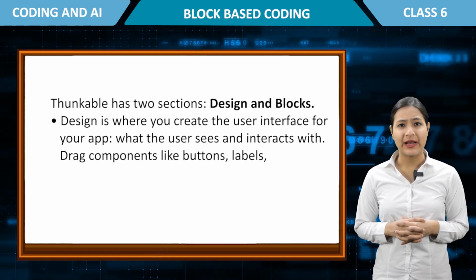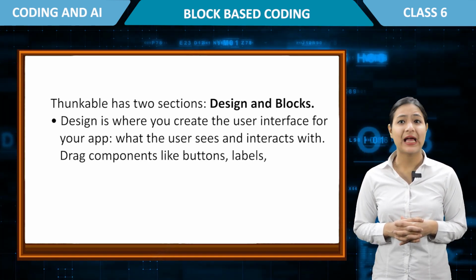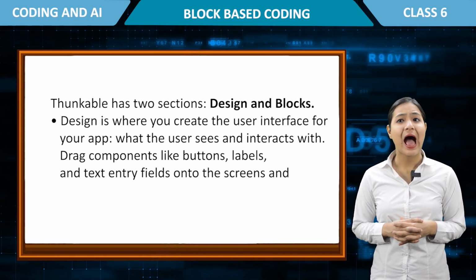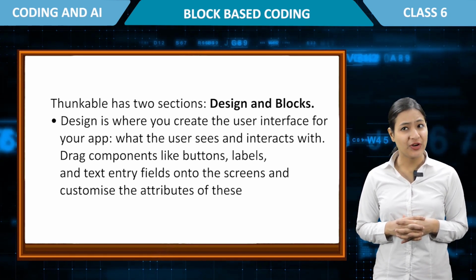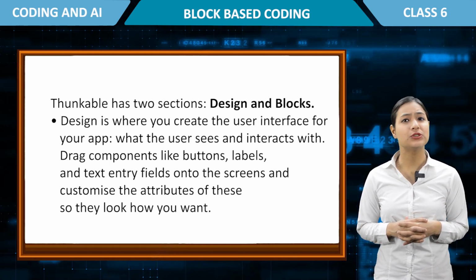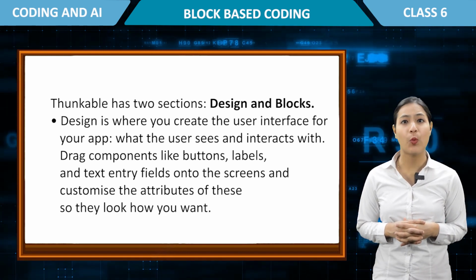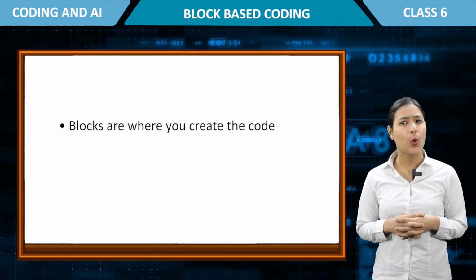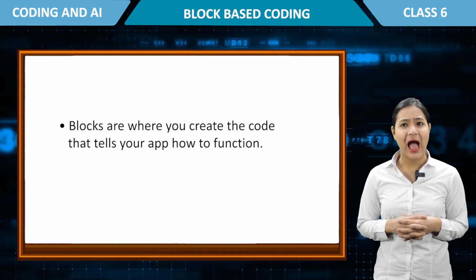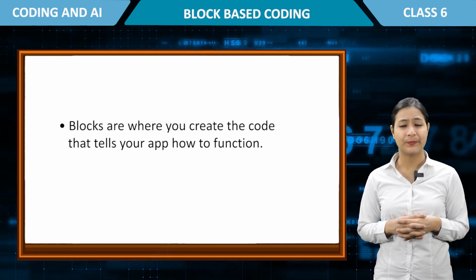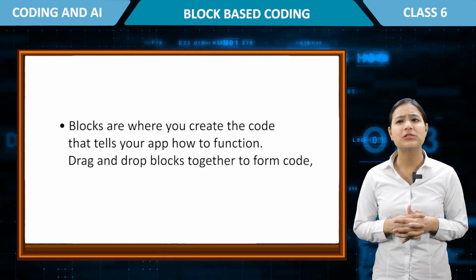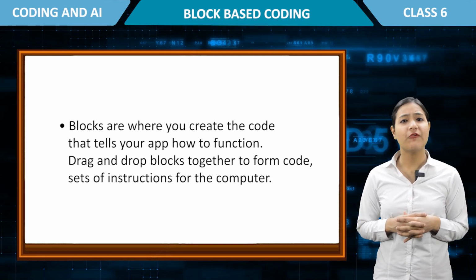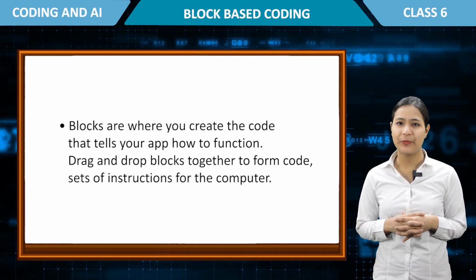Drag components like buttons, labels, and text entry fields onto the screens and customize the attributes of these so they look how you want. Blocks are where you create the code that tells your app how to function. Drag and drop blocks together to form sets of instructions for the computer.